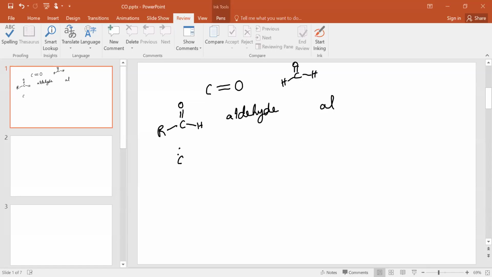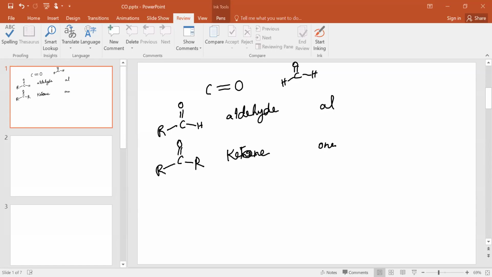Another one: if on both sides you have carbon, with no hydrogen attached to the carbonyl carbon, then it is a ketone. In nomenclature it ends with "one", O-N-E.